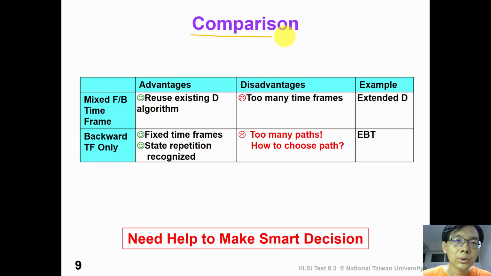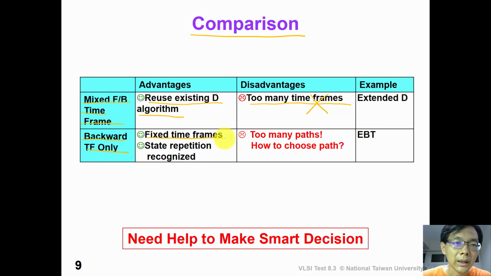Now let me give you a short summary. When we use the mixed forward and backward time frame expansion method, we can reuse the existing D algorithm to handle the sequential ATPG problem. But there are too many time frames. To avoid this problem, we introduce backward time frame processing only method.